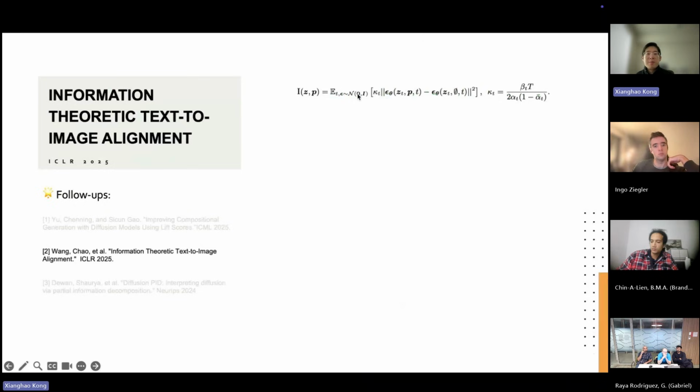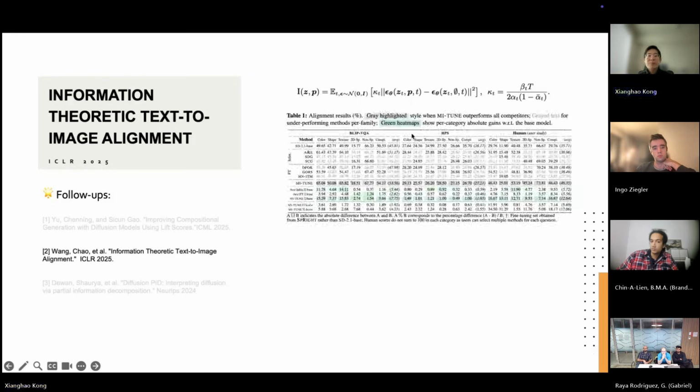You can see it's also the log likelihood integral, right? One's unconditional, one's conditional, to calculate this kind of information. The only difference is they derive a different schedule for this denoising process.